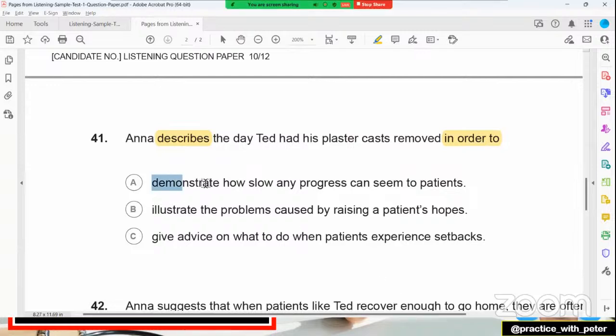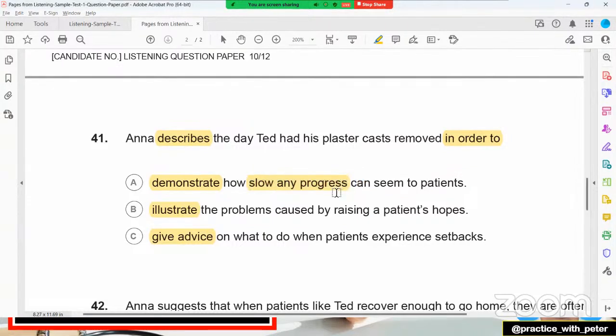To demonstrate, illustrate, give advice. How slow any progress can seem to patients. So slow nature of the progress. It's not instantaneous, gradual, slow and gradually.